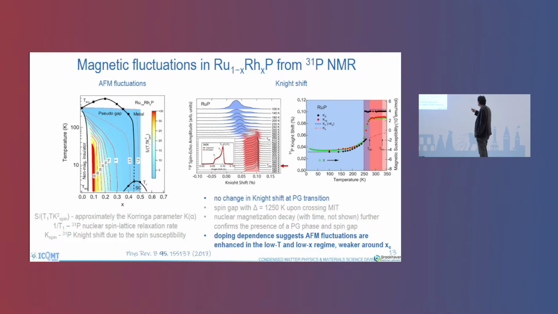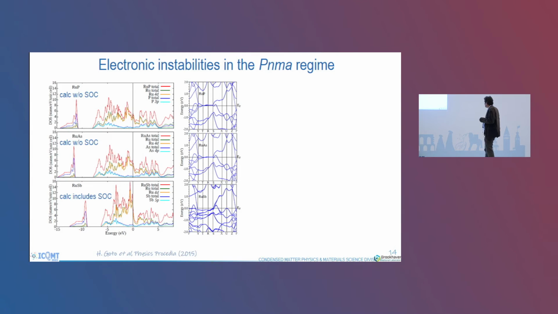And this has been assessed using 31P NMR. This is the map of those fluctuations, and it turns out that they become weaker as you move away from the non-magnetic ground state, and they're actually relatively weak close to the point where superconductivity is maximum. Okay.